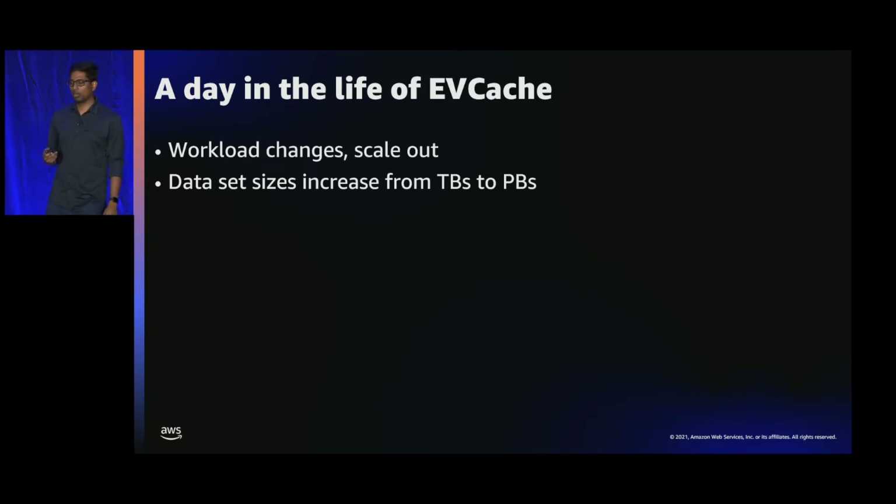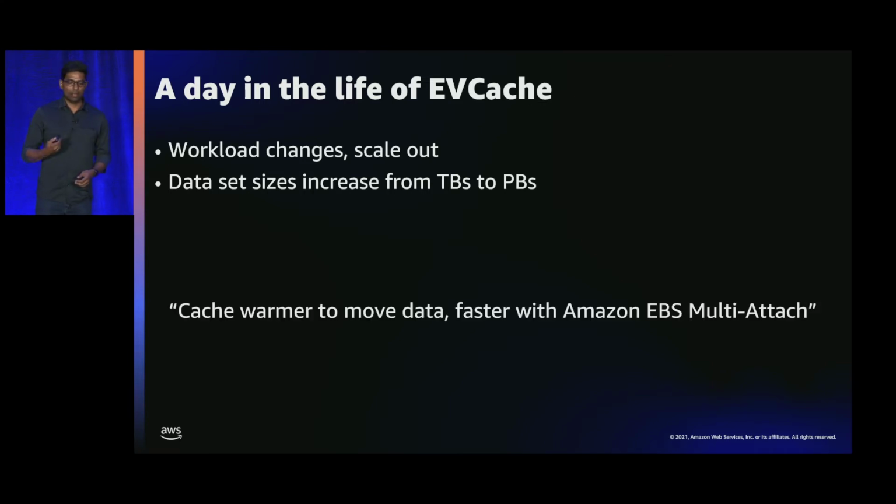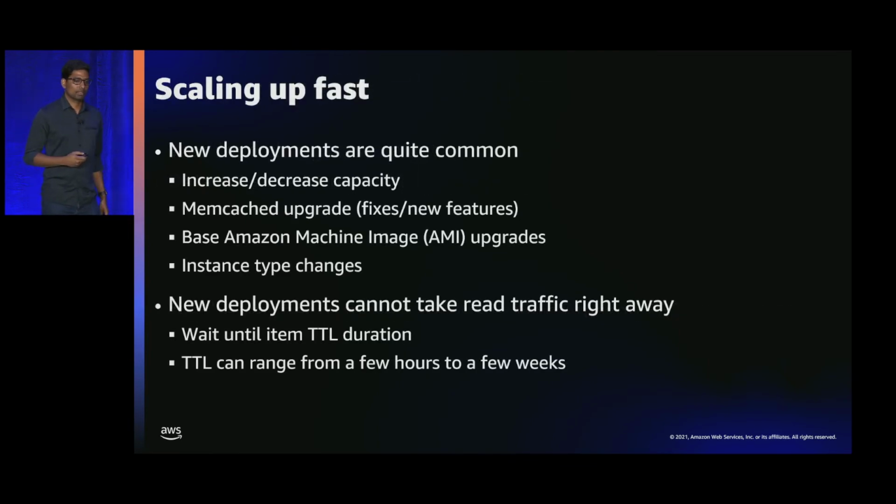So how do we scale out on a week's notice or probably a day's notice? We have another system built in place called cache warmer, which will move petabytes of data in a matter of hours, and we'll see that in action in the next few slides.